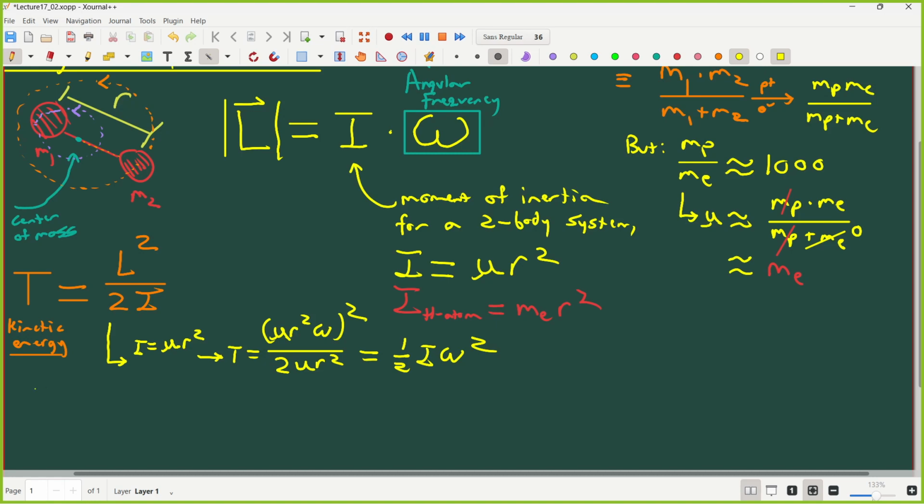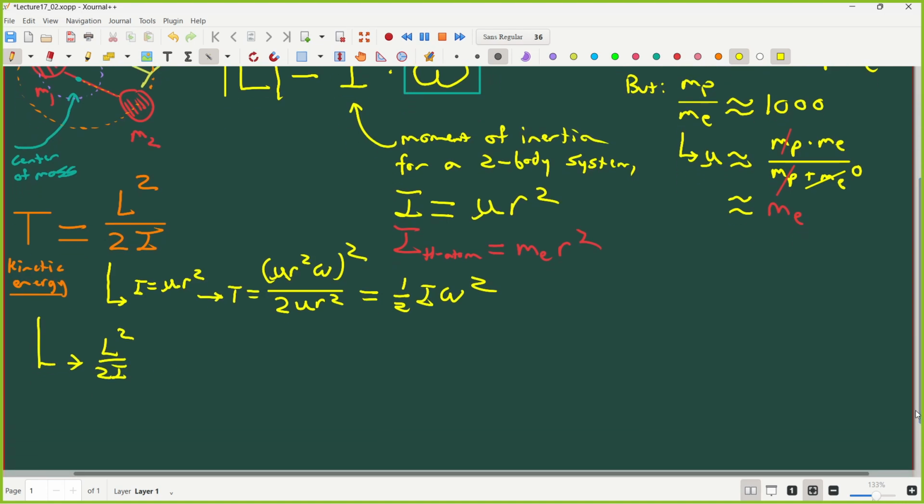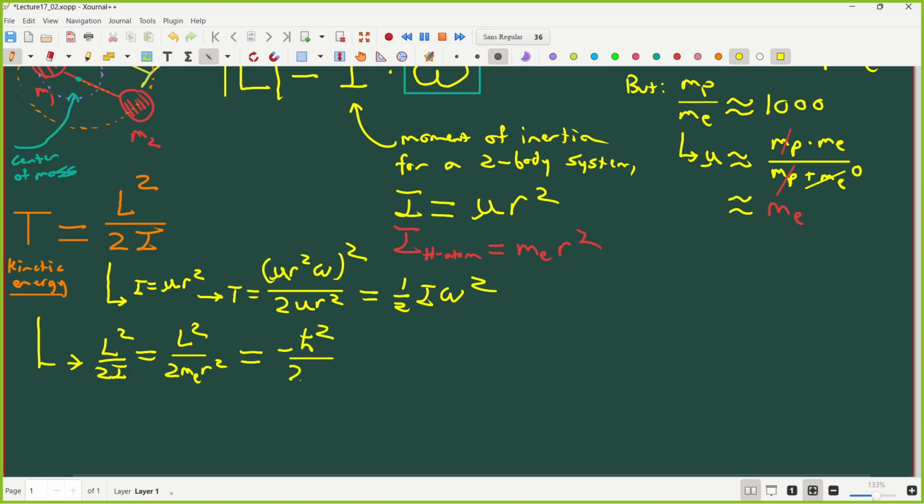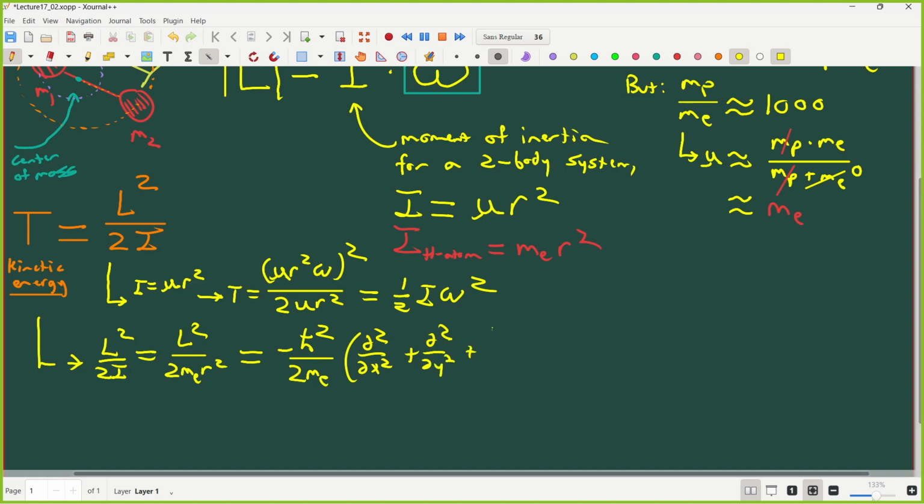So what this is saying now is that L squared over 2I for the hydrogen atom, we're going to be specific about the hydrogen atom, which is L squared over 2 times the mass of the electron times r squared, is equal to minus h bar squared over 2me times what we call the Laplacian operator, which is just the second derivative with respect to position. It's the kinetic energy we write down every single time we write a Schrodinger equation down. Minus h bar squared over 2 mu times the second derivative with respect to position.